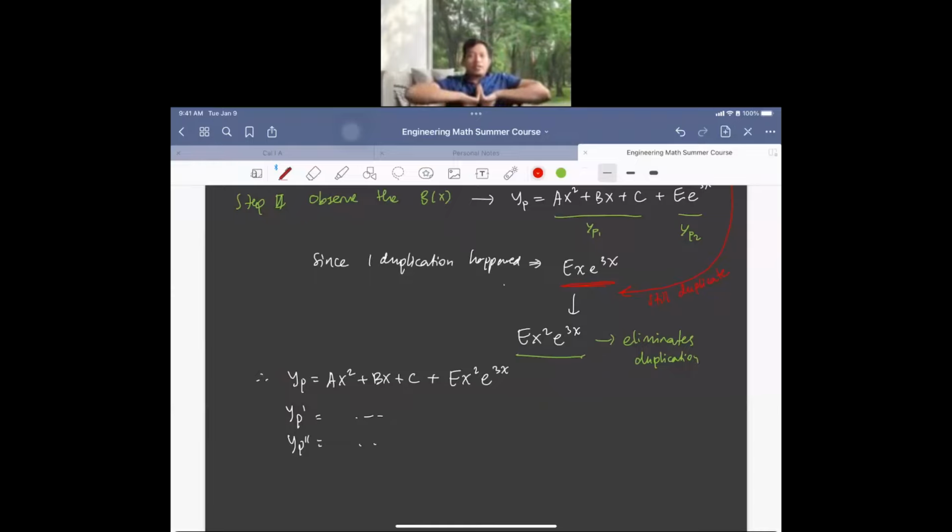Variation of parameters usually starts from when we have basic problems in undetermined coefficients. We may say, okay, it works really good, right? But sometimes when the equation is a little bit tough, we need more methods to solve.